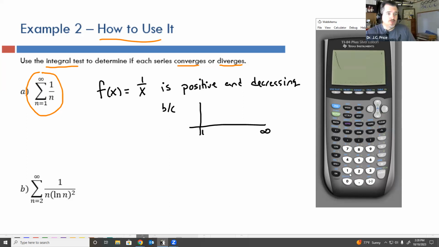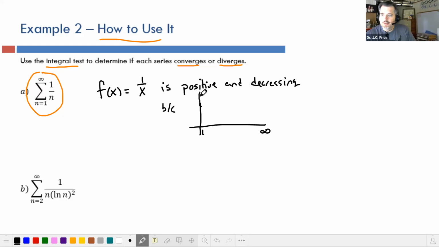And there it is. Basically it starts up here and then just goes down. In fact, when you plug in 1, you get out 1. And that's how you show that something is positive and decreasing in this type of problem.